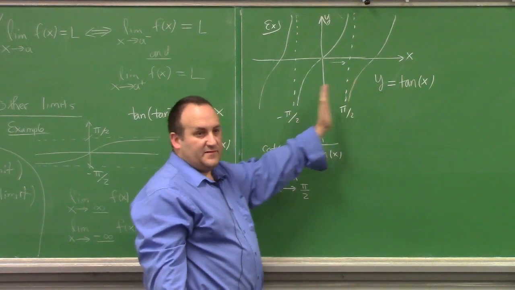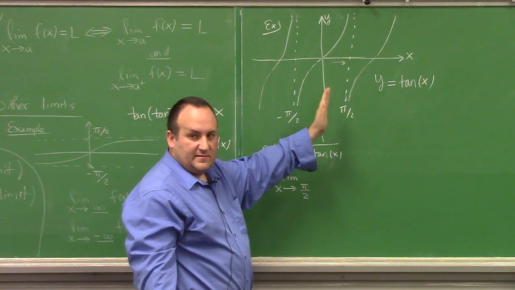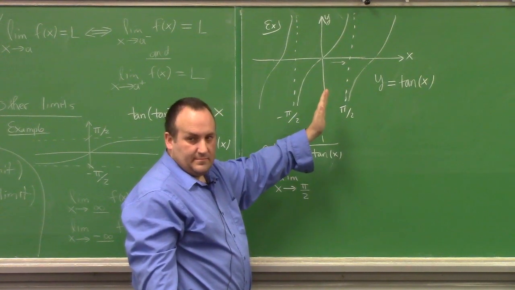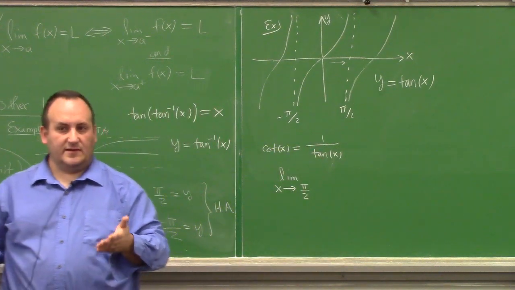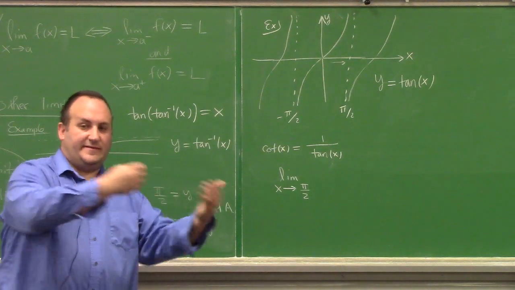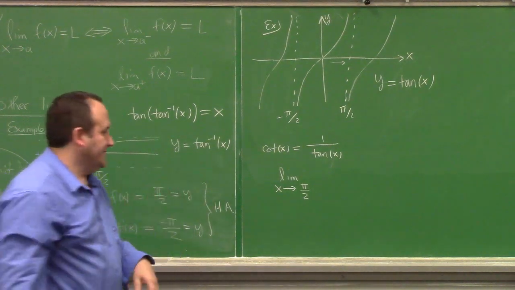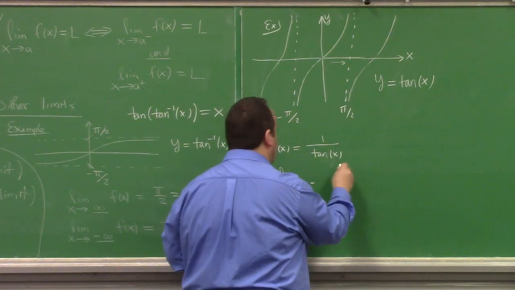I'm to the left of pi over 2, so we put a minus. That's our convention. The limiting process is going to the right, but you're on the left of the limit point. So there is a potential for confusion. That's why I'm talking about it.